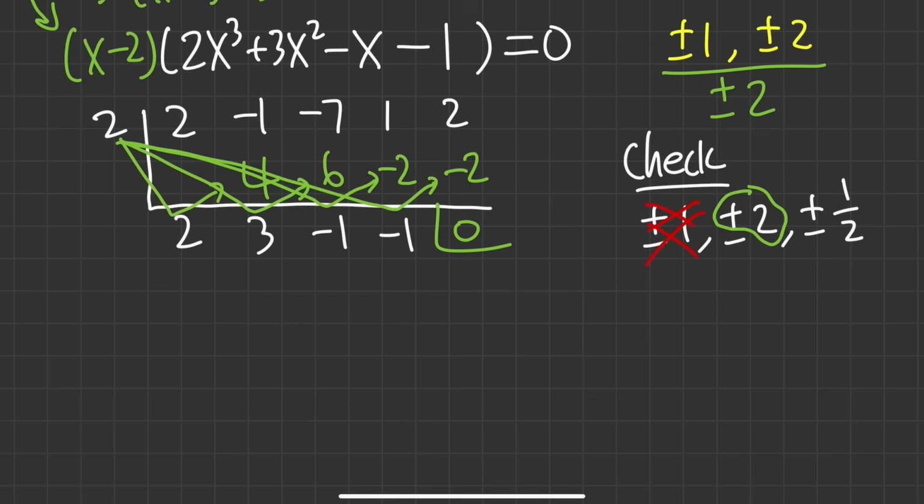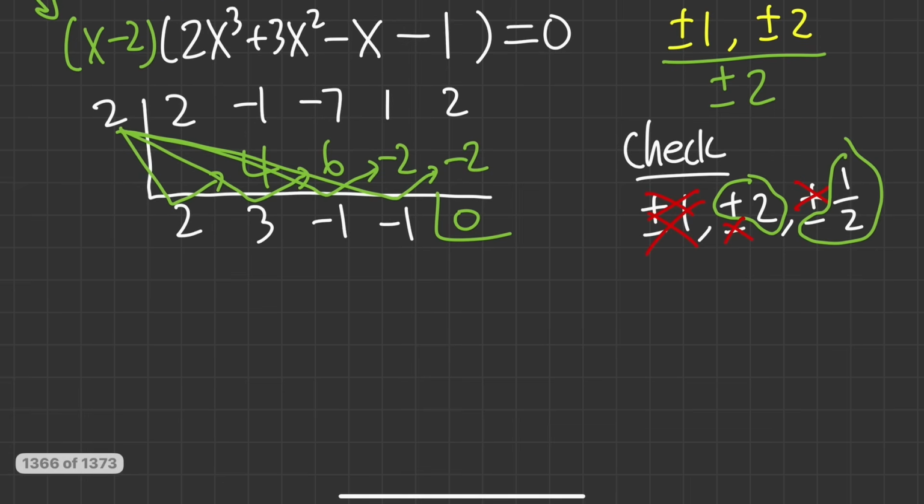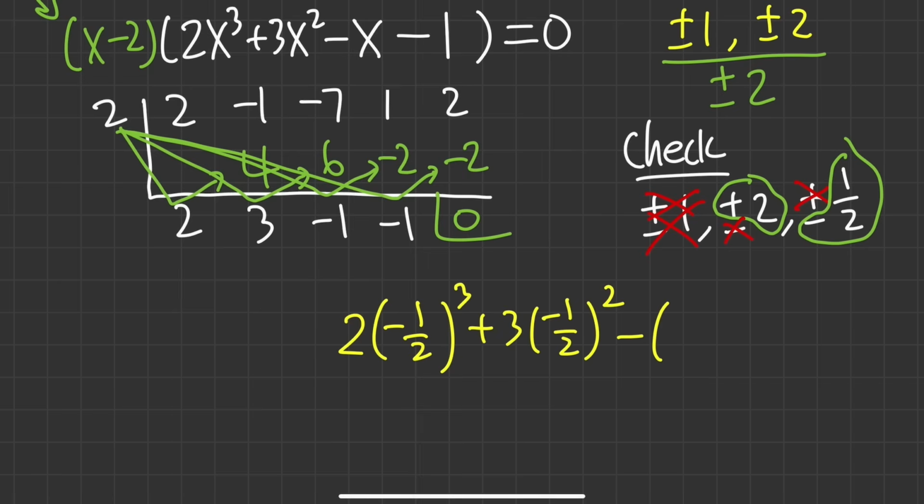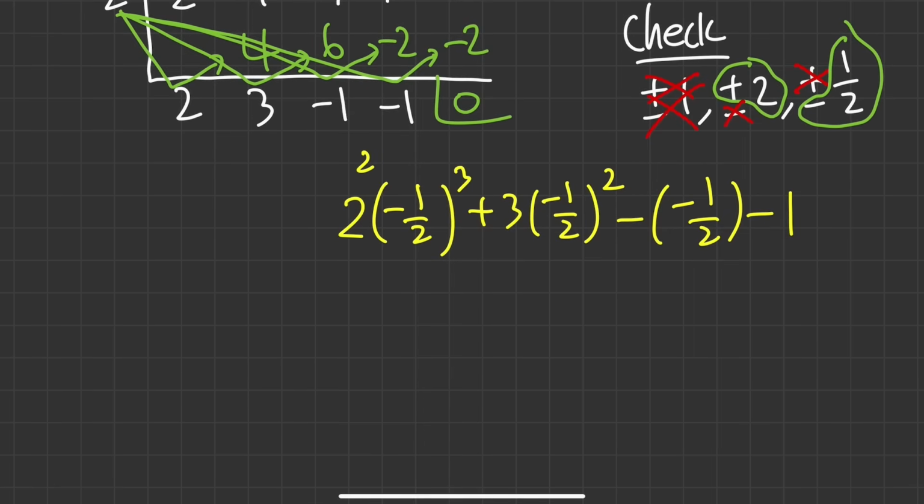And I will tell you, -2 wouldn't work. You can try it, but it wouldn't work. So we will just have to try +1/2 or -1/2. And I will tell you, +1/2 wouldn't work because I tried it before already. Let's try -1/2. I'll show you real quick though. If we do 2 times -1/2, right, plugging all the x's, to the third power plus 3 times -1/2 squared minus -1/2 minus 1. This is 2 times -1/8.